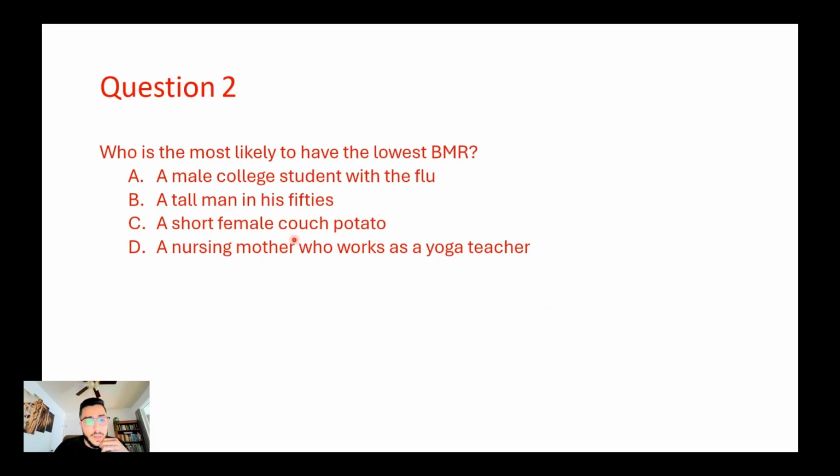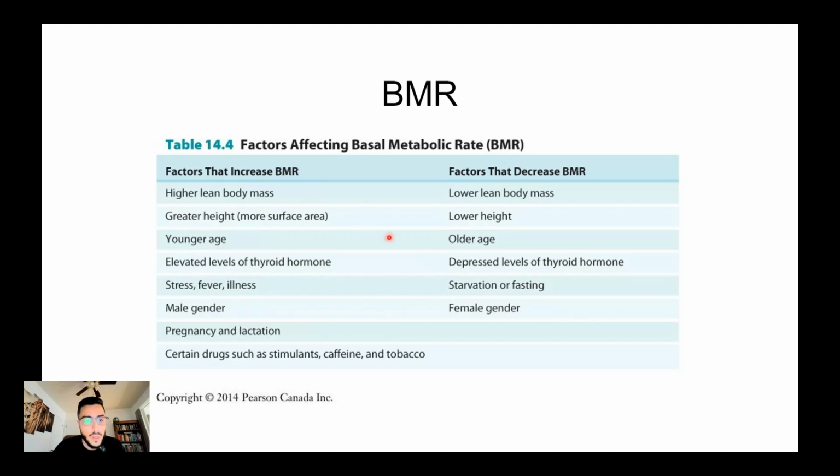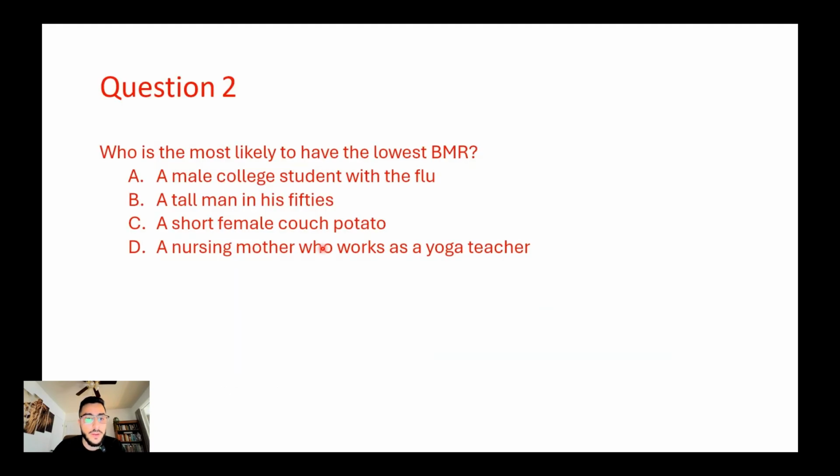This question I asked in class, who has the lowest BMR? It's the female couch potato that is not doing anything, just laying down. And so this here requires less energy to keep that state. But if I ask the opposite question, then we have to think about this table here and how many of these do we fit in the answer.